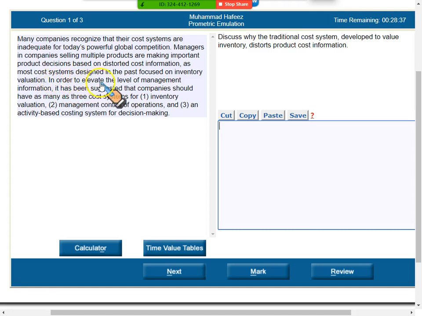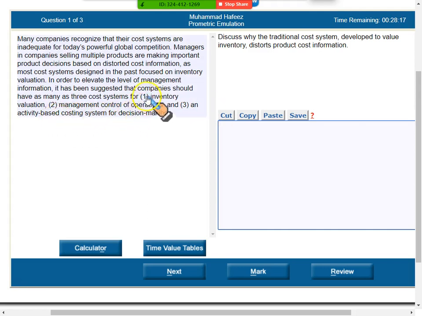In order to elevate the level of management information, it has been suggested that companies should have as many as 3 cost systems: inventory valuation for external financial reporting, management control of operations, and activity-based cost systems for decision making.